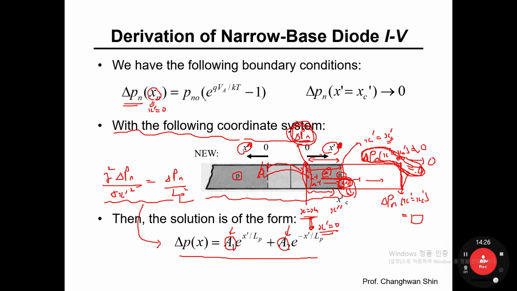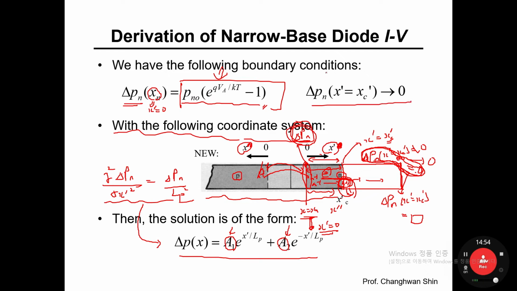That value can be defined by this constant, as we have learned in the ideal diode analysis. If you still cannot understand where this constant comes from, please go back to the ideal diode analysis and refresh your memory, and you will simply understand, aha, this value is very straightforward. And the second boundary condition is this.